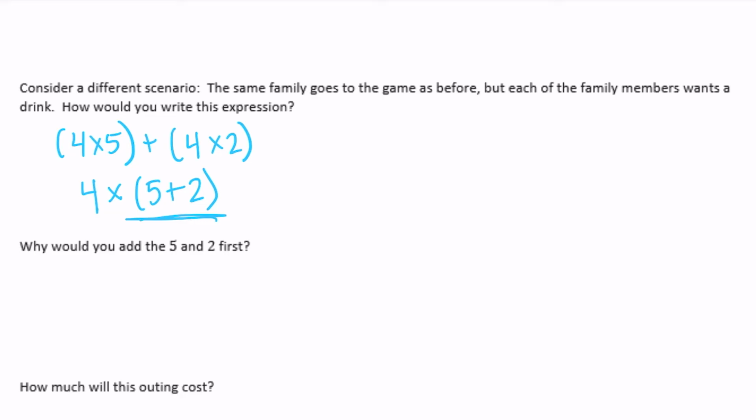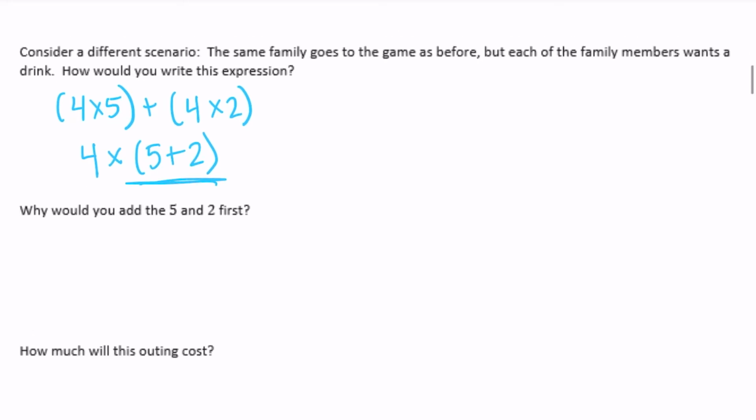If we just wrote it like that, we would be doing the 20 plus 2 first, and we would get a different answer than if we did 4 times 7, which is 28. So we need those parentheses there. Why would you add the 5 and 2 first? We kind of already talked about that, because we need to know how much each person spends.